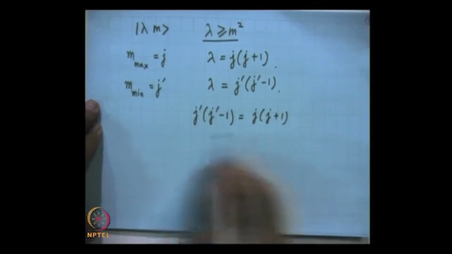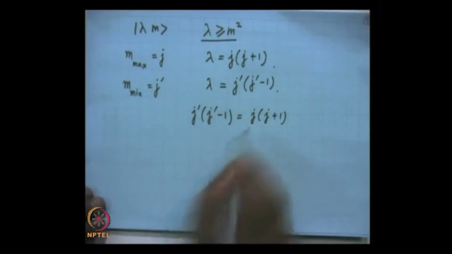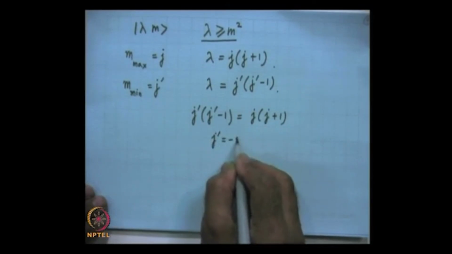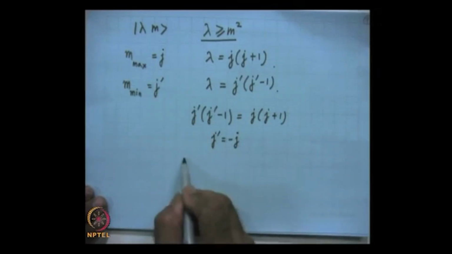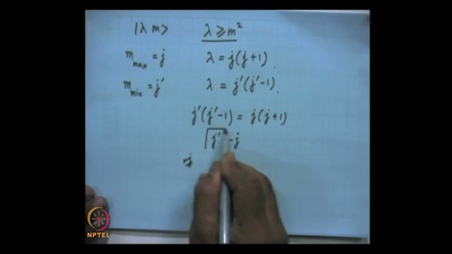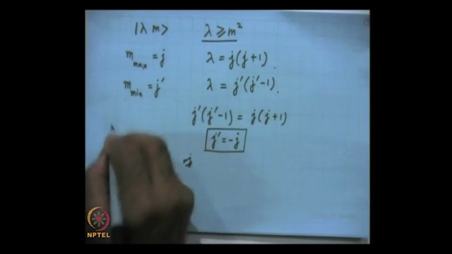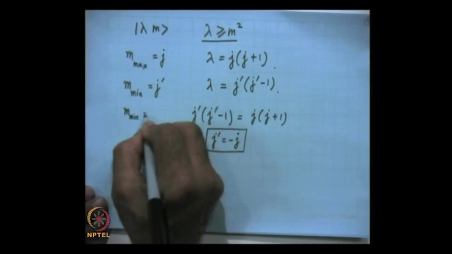Since this is a quadratic equation in j prime, but since j prime has to be less than j, the root is j prime is equal to minus j. Because if I put minus j here, you will get minus j into minus j minus 1, so that is j into j plus 1. So, the solution of this equation is j prime must be equal to minus j. So, the maximum value is j, the minimum value is minus j.